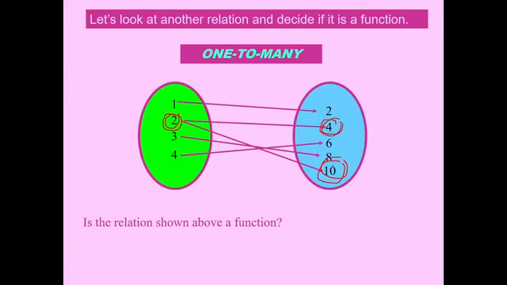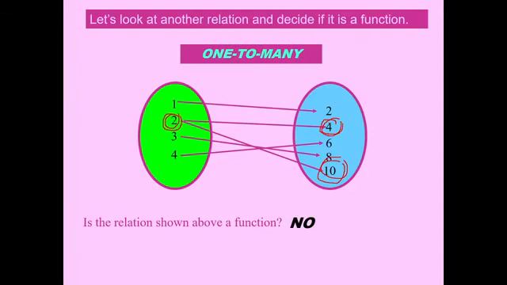Now, this is now the question. Is the relation shown above a function? No. Why? Because you have assigned 2, which is the domain, to 2 values in the range, and that violates the rule there. No, it is not a function.